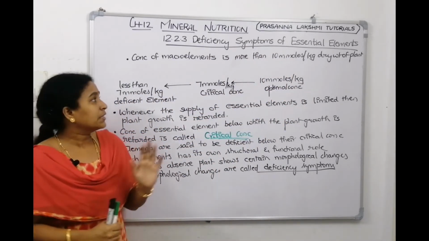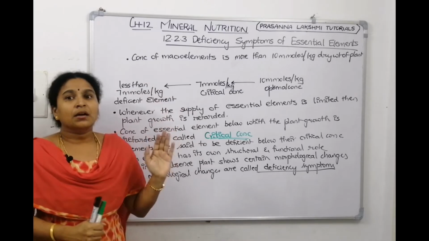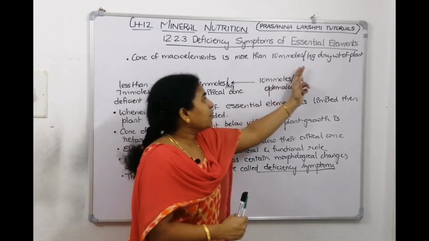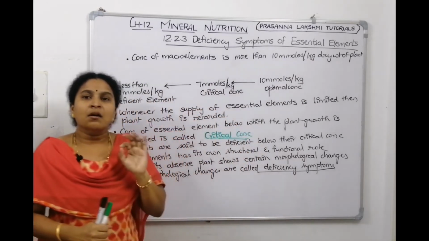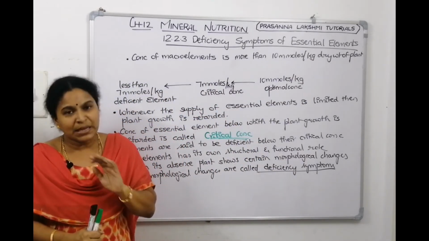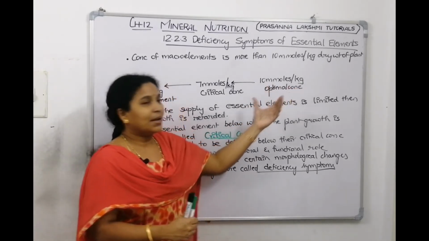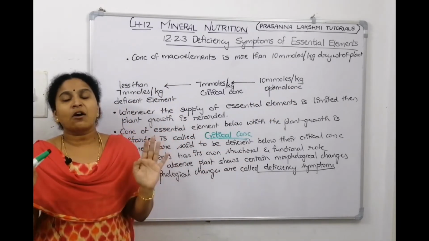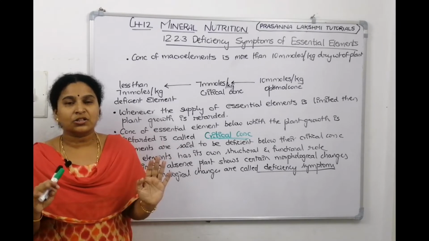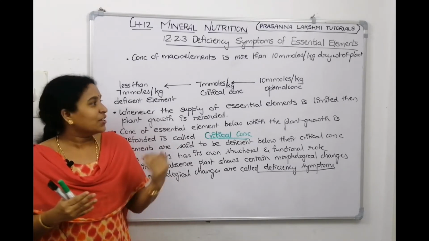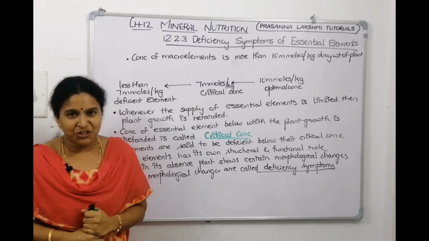Now I took, for example, a macro element. The concentration of the macro element in the plant is more than 10 millimoles per kg dry matter. That is a favorable, optimal concentration. Happily the plant will grow if you give the concentration 10 millimoles per kg.